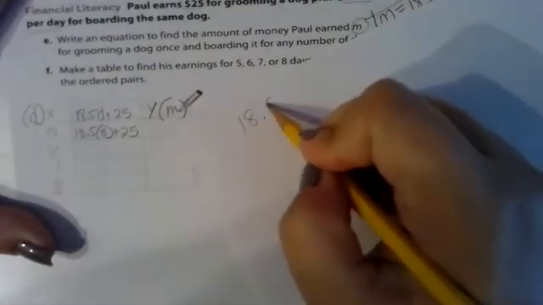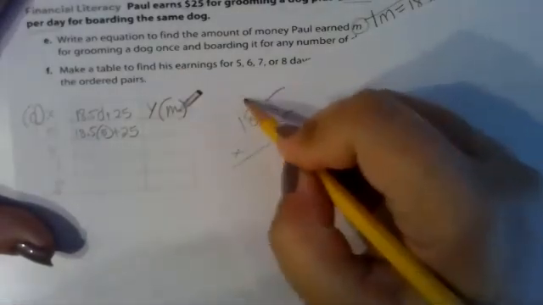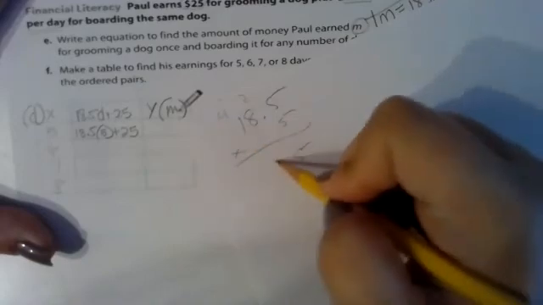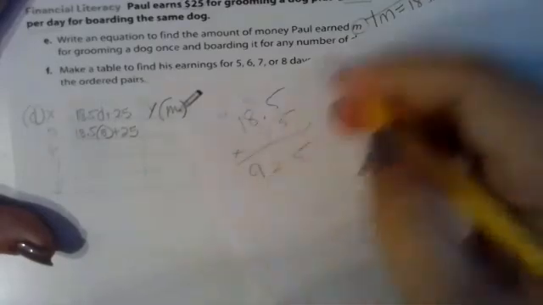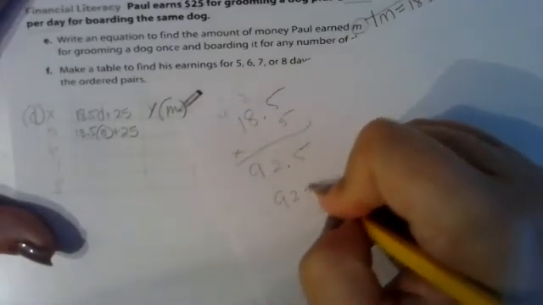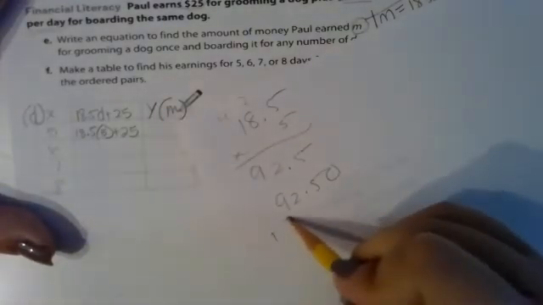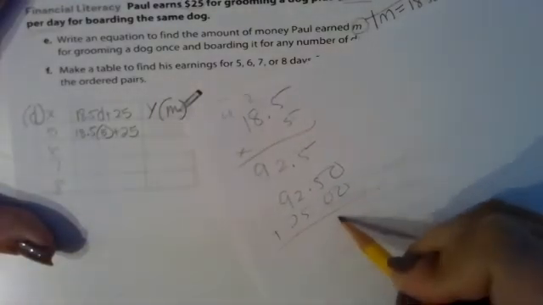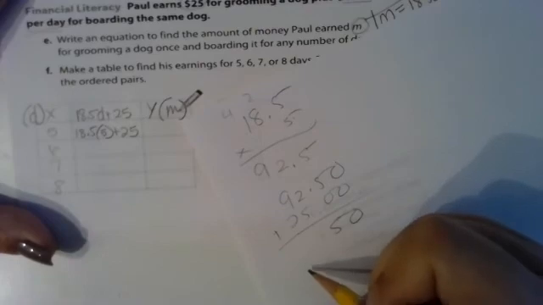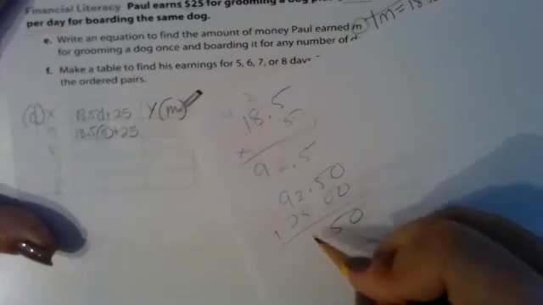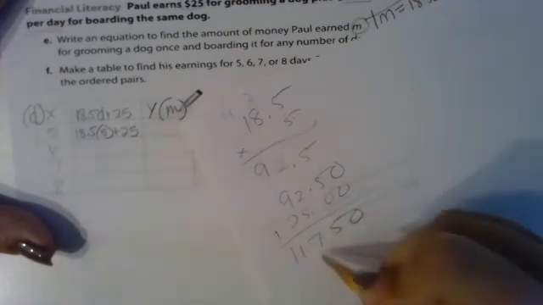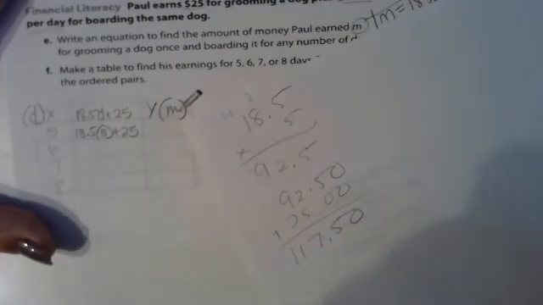So 18.5 times 5 is 92.50 plus the $25. So 117.50.